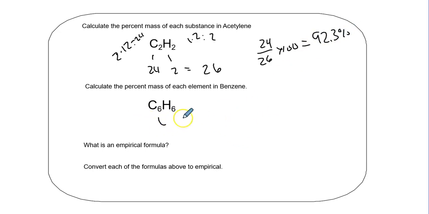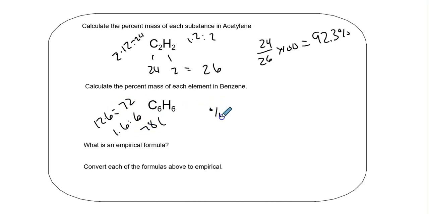With this guy, it's going to be 12 times 6, and then 1 times 6, 6. 12 times 6 is 72. This thing here also seems to be a lot of carbon. And then at this point we got 78.